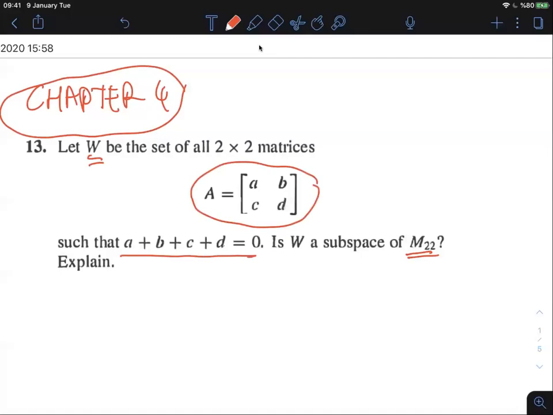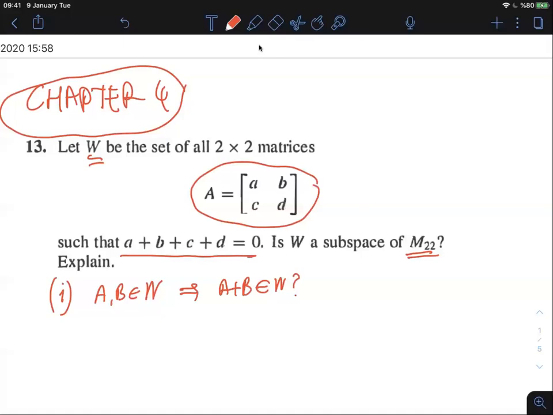And the question is, is this set a subspace? So what we really need to check is two conditions, as I said. First one is if A and B are two elements from W, then what we want is their sum to lie in W, okay? So this is a question mark.